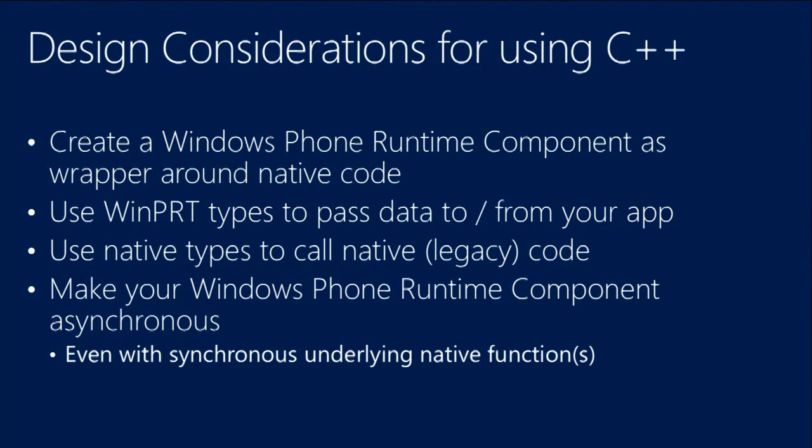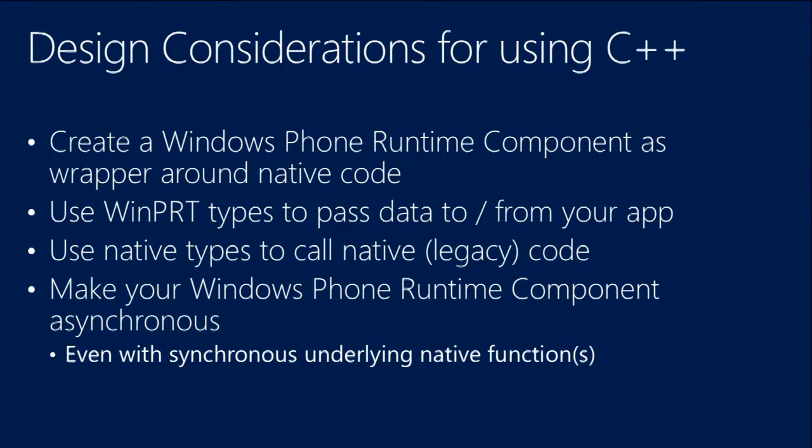On the lower side, your Windows Phone runtime component has an interface as well to your native library. If you're calling from a Windows Phone runtime component to your native library, what you need to use is native data types that are known to C and C++. And any translation will happen in between.